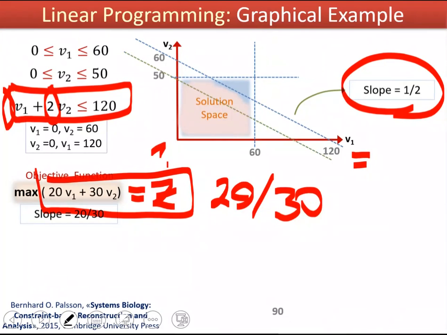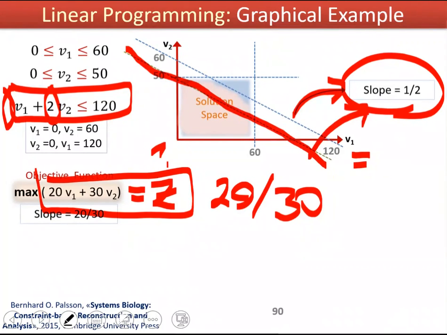So, for example, this was the line of v1 plus 2v2 equals 120. If I draw another line which is parallel to this blue line, it will have exactly the same slope.